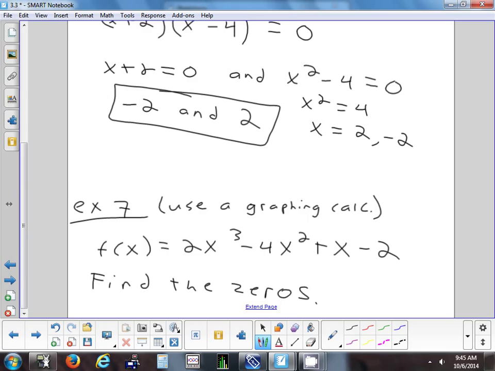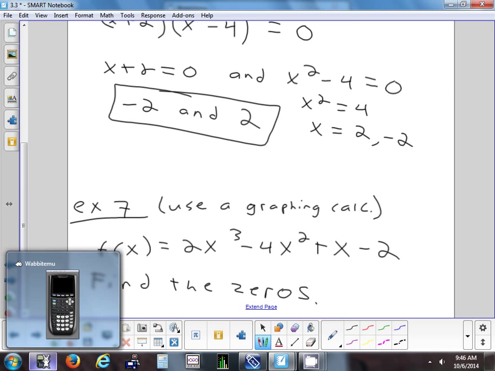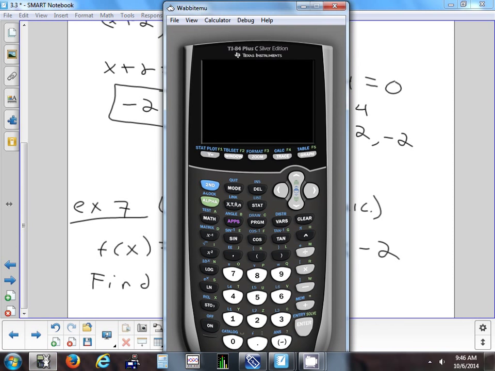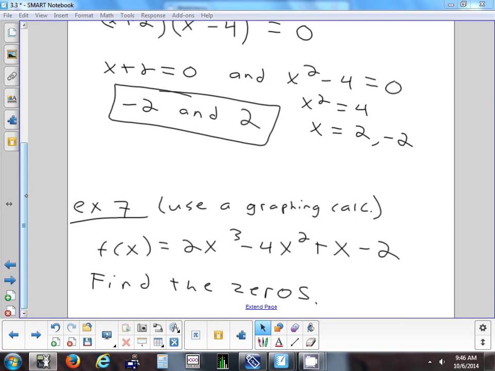All right, let's look at this one. So we have the graph 2x cubed minus 4x squared plus x minus 2. Okay, and we're going to use a graphing calculator to help us out a little bit. All right, so let's type that in.